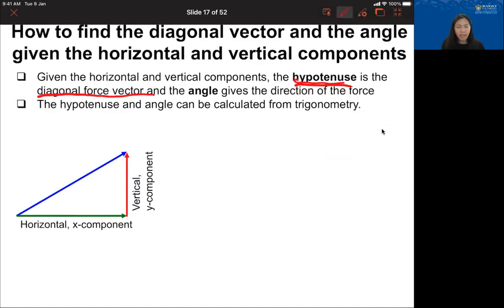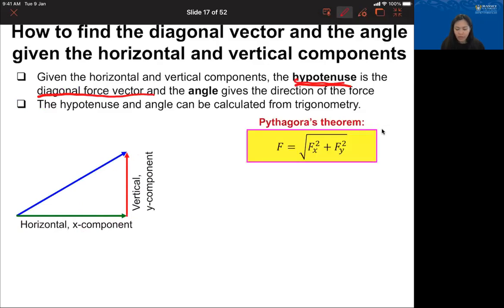That is what we want to find, the hypotenuse or the diagonal net force. We use an identity called Pythagoras theorem. This is the basic equation that you use.